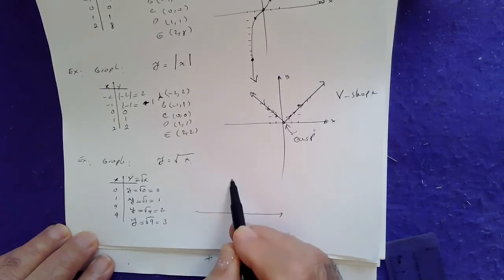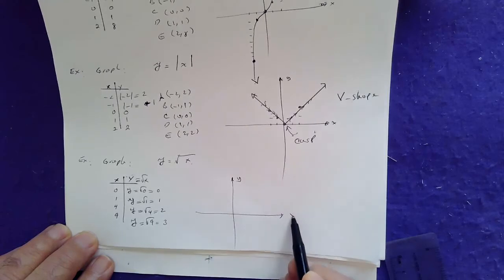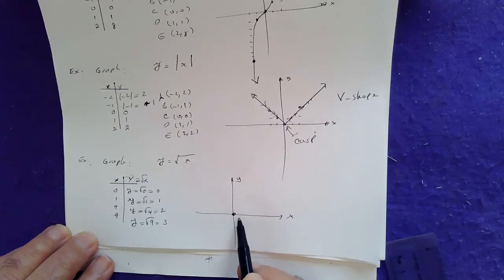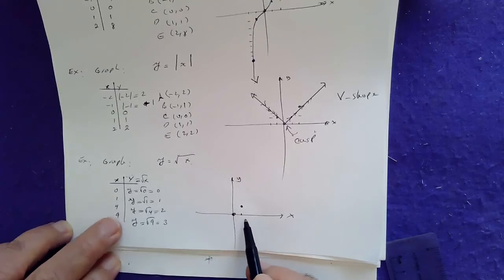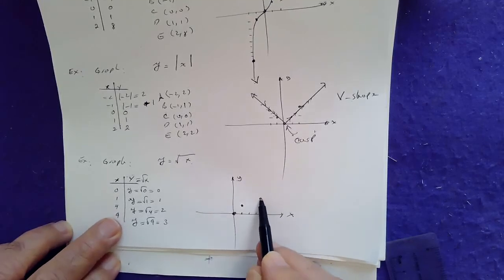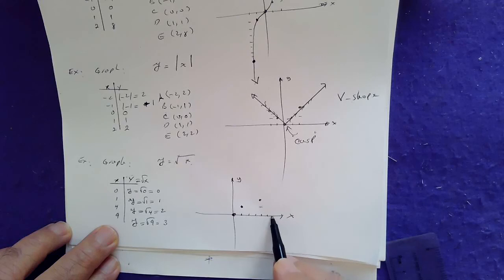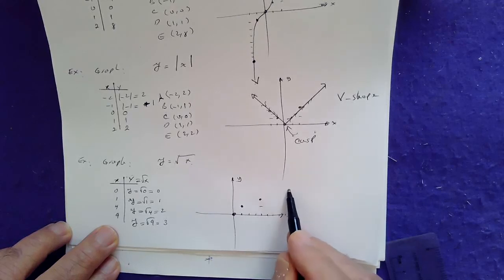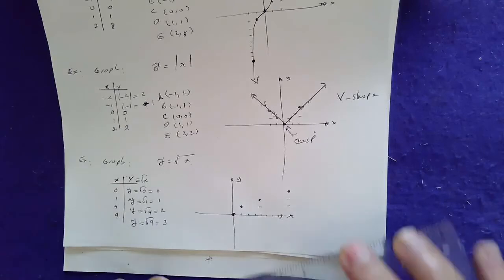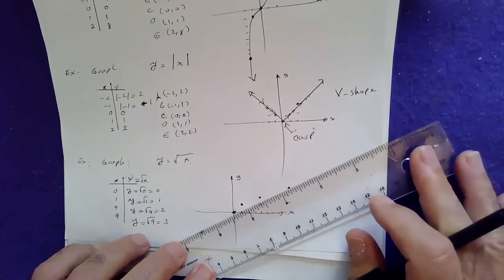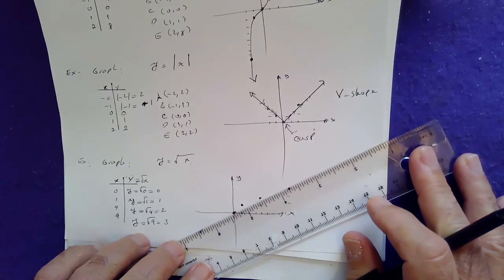So if you plot these points, you get 0, 0, 1 over up 1, 4 over 1, 2, 3, 4 up 2, and 9 over, is that right? That's 4, 5, 6, 7, 8, 9, up 3. Once again, if you put your straight edge on these dots, it's not going to go through the dots.